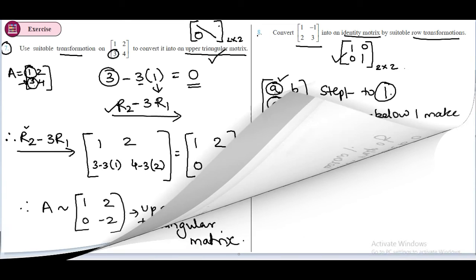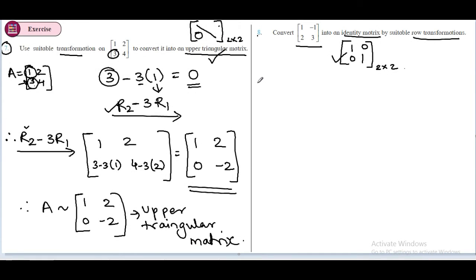Now let us convert the given matrix into an identity matrix. Our given matrix is 1, minus 1, 2, 3. So what is our requirement? We need to have 1. It is already there, so we don't have to bother about it. Now after that this element we have to make 0. That element is 2.